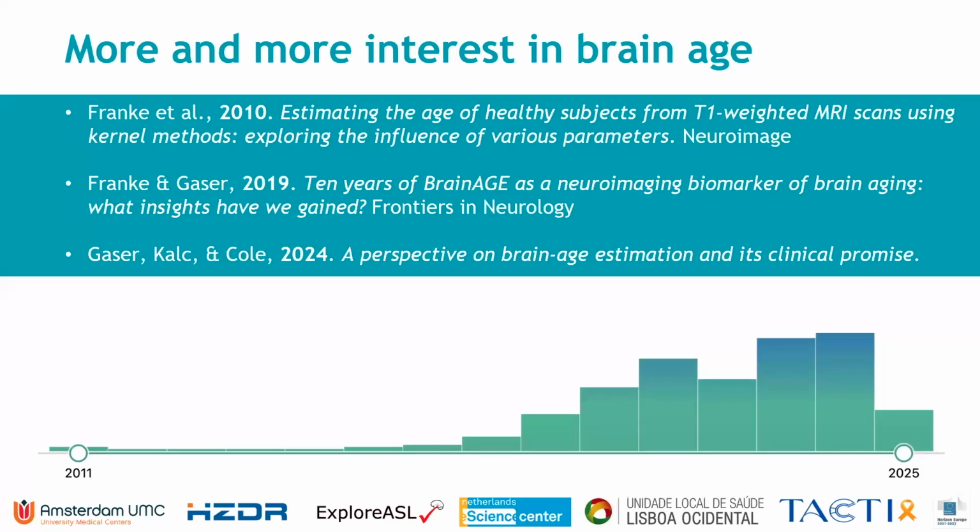So this concept actually isn't that new. If we look into the literature, one of the first papers were already published over a decade ago. But I think there have been certain developments which have led to an increased interest in this concept over the years as well. I would say on one hand, this would be the increased availability of open data.